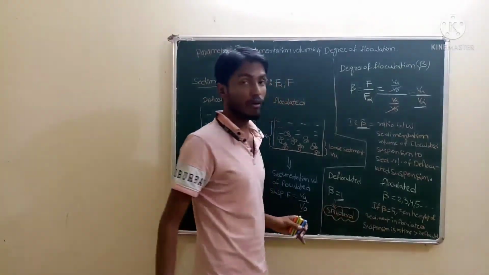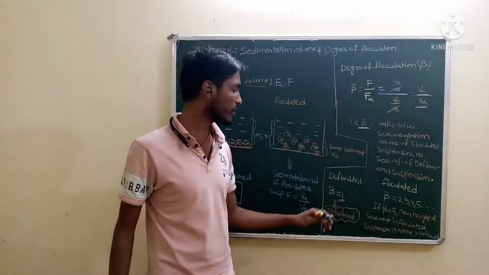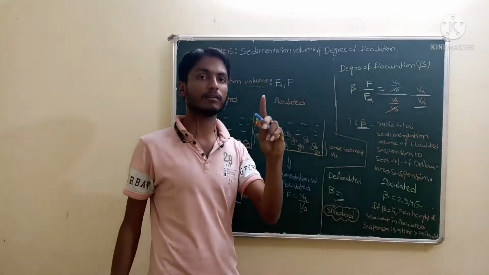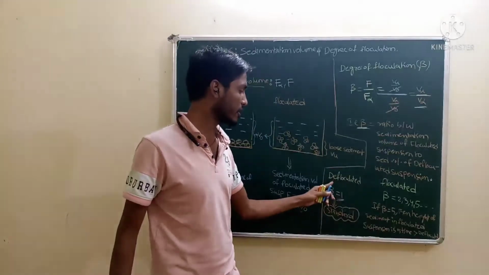So what is the value of the degree of flocculation for a deflocculated suspension? Beta should always be 1 for a deflocculated suspension.